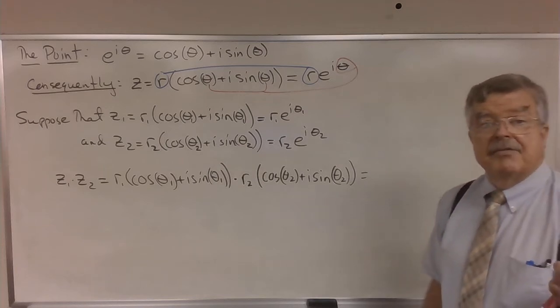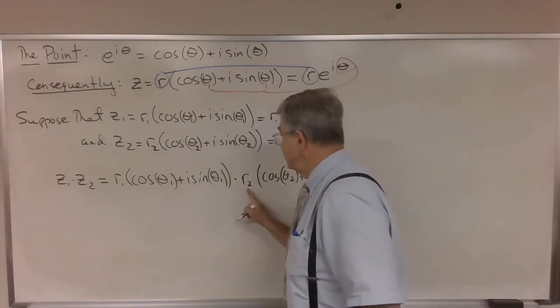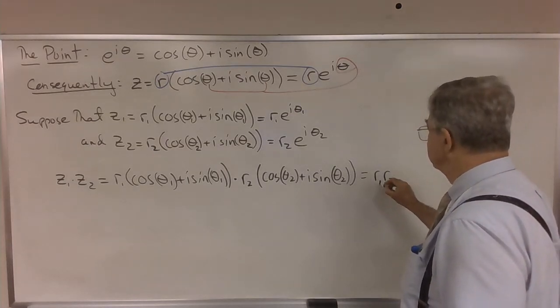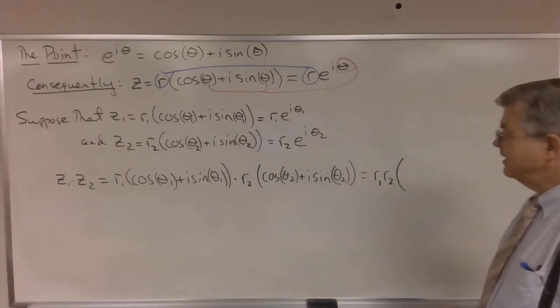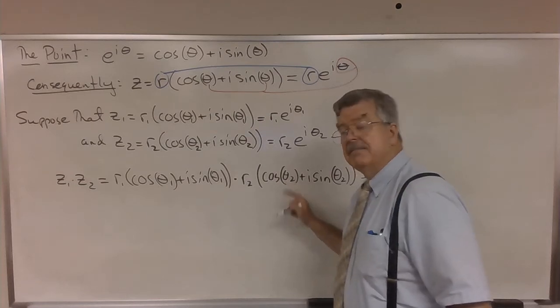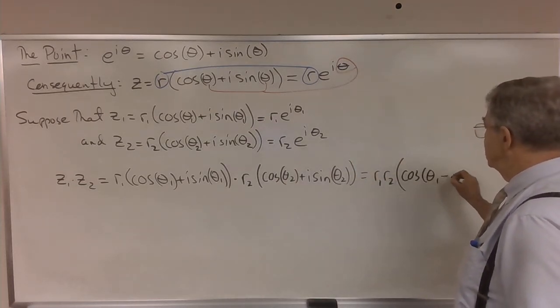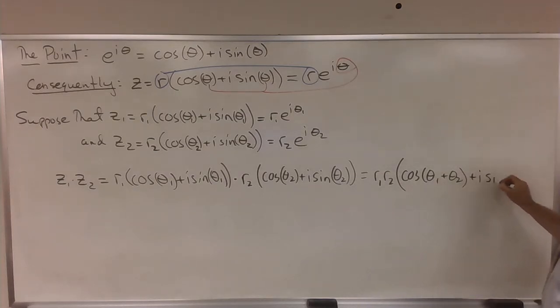Okay, we know how this works out. We take the moduli, r1 and r2, and we multiply them together. And the angles add. So we get cosine theta 1 plus theta 2 plus i sine theta 1 plus theta 2.